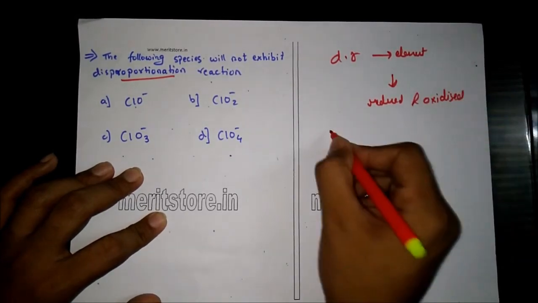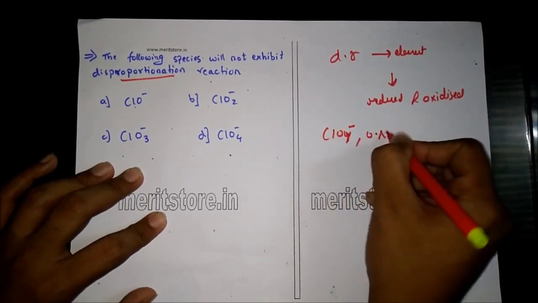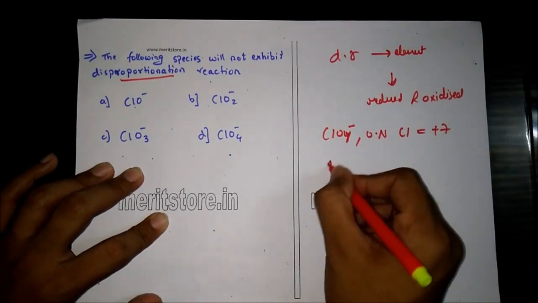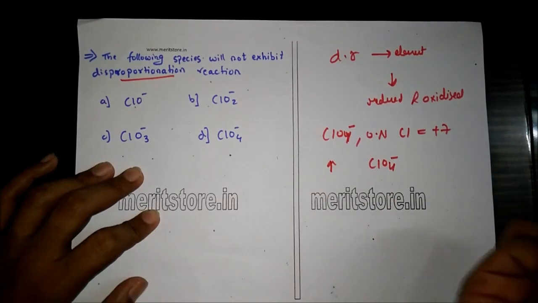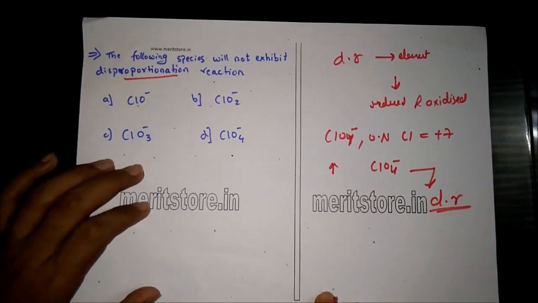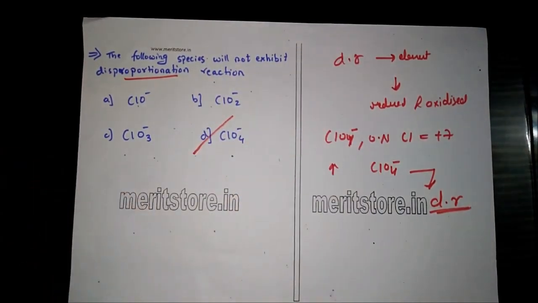Now if we look at ClO4 minus, which is option D, the oxidation number of Cl in ClO4 minus is equal to plus 7 and it cannot be increased further. So ClO4 minus will not get oxidized and will not undergo disproportionation reaction. Therefore, the correct answer here is option D, ClO4 minus.